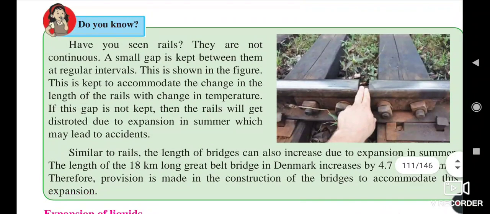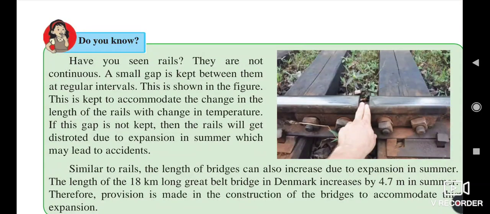So this is the picture shown that the railway rails have some space between the two rails, because due to summer or friction, the temperature of a rail increases, so it needs some space to expand.